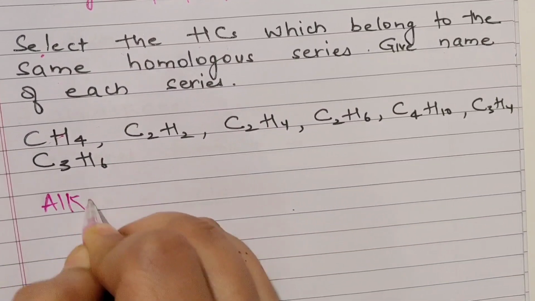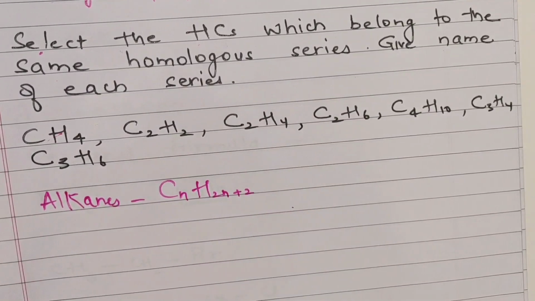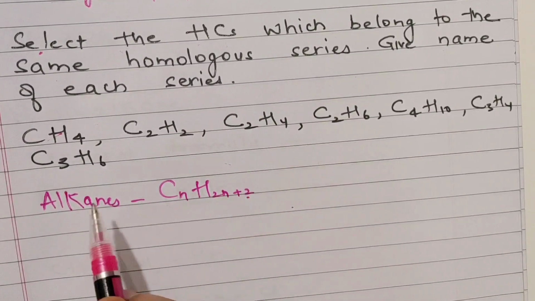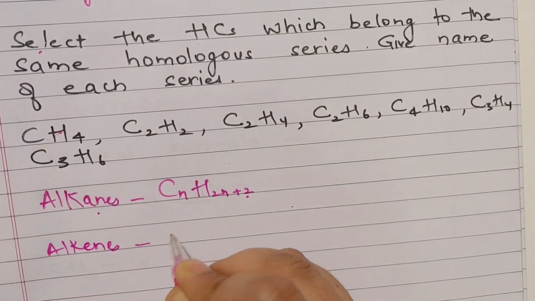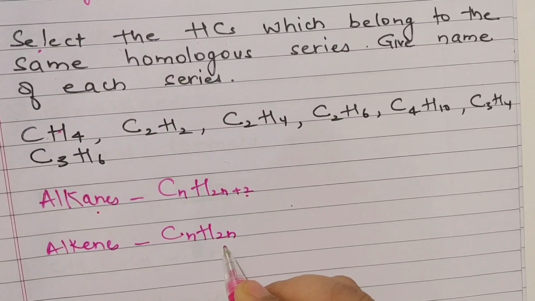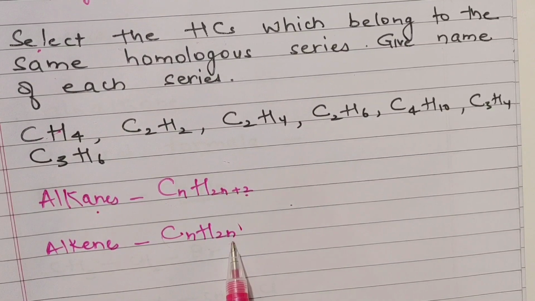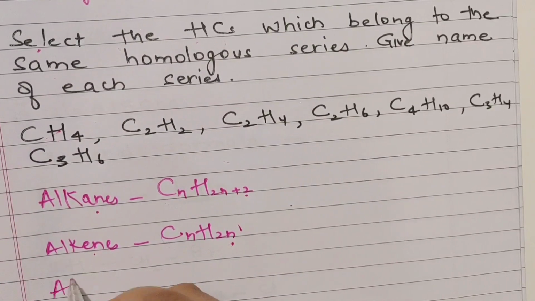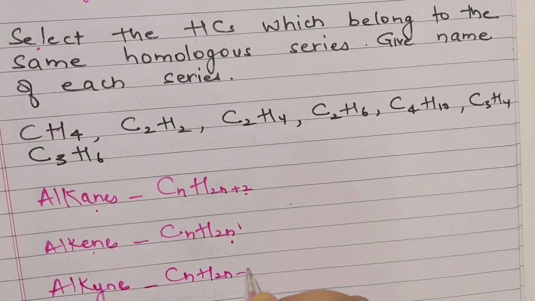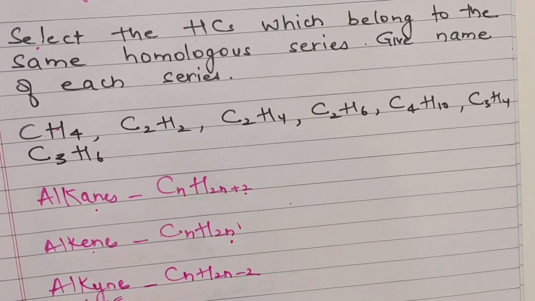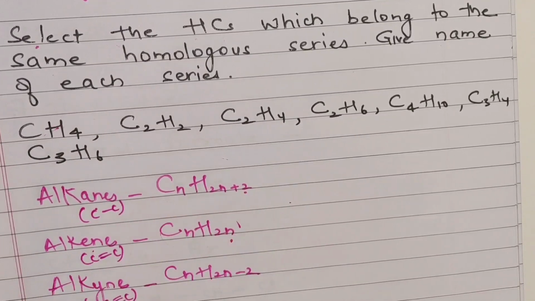Alkanes, general formula CnH2n+2. Everything following this formula comes under the category of alkanes. Alkenes, general formula CnH2n, they have a minimum of one double bond, and everything following this formula comes under alkenes. Then we have alkynes. They have a general formula of CnH2n-2. They have a carbon-carbon triple bond. Alkanes have only single bonds.